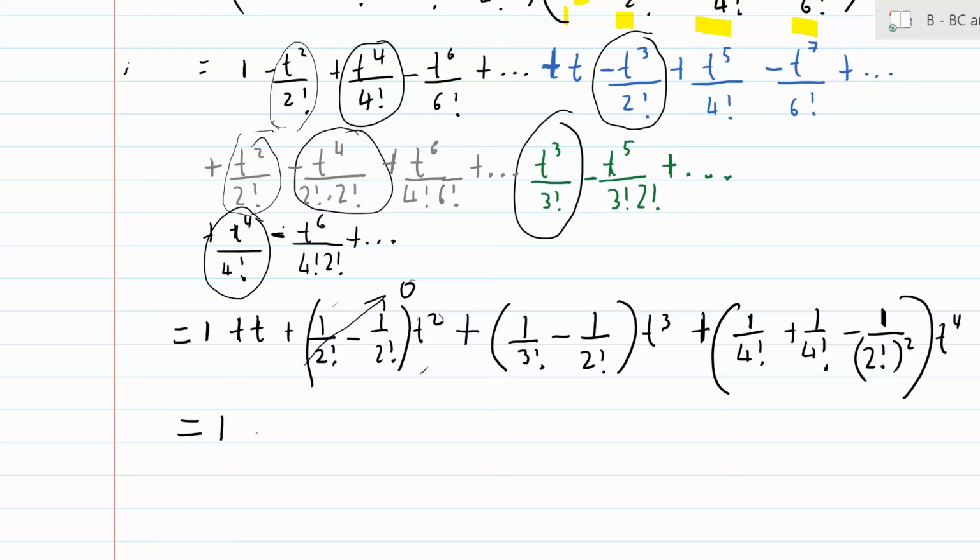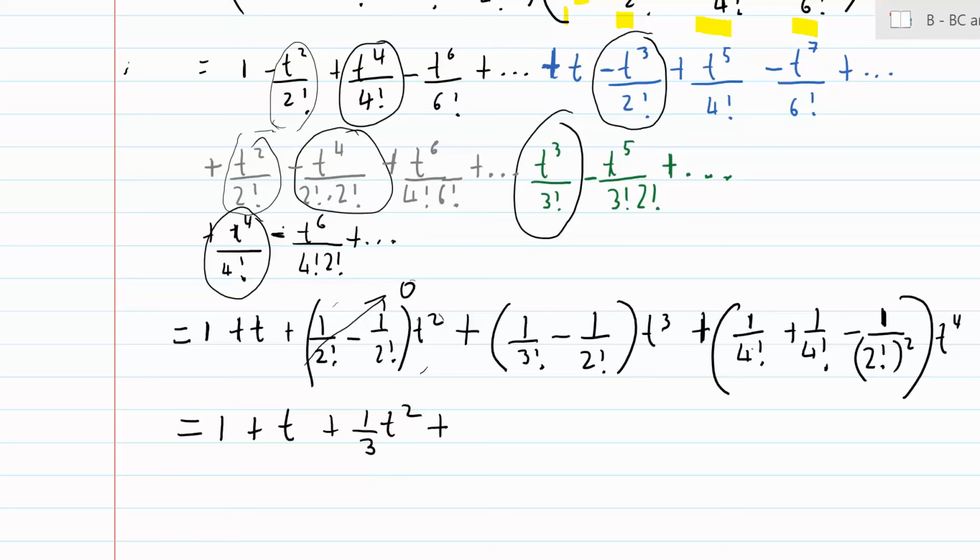So this is 1, this is t, and this is simply 1 over 3 times 2, which is 6, and minus 1 over 2, so that's 1 over 3. So this is simply 1 over 3 t squared. And the fourth coefficient is simply, 4 factorial is 24, because it's 4 times 3, which is 12, times 2, which is 24.